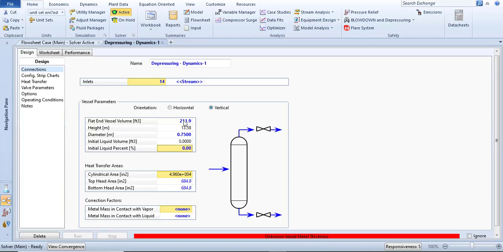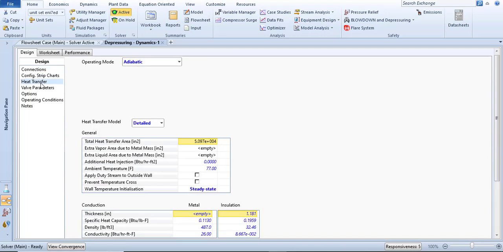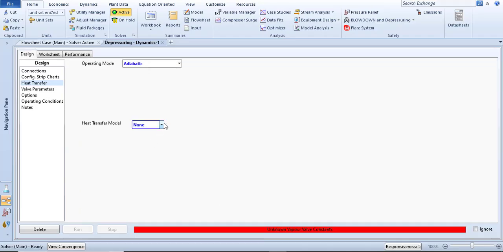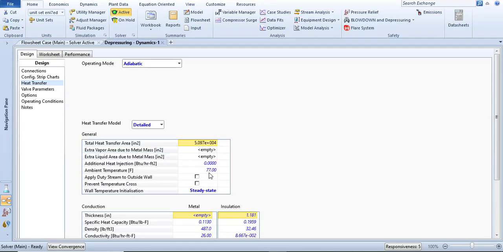The main important thing is the heat transfer. If you go to heat transfer, we first have to select adiabatic. And second, we have to select the detail. We have three options: none, simple, and detail. In none, you have nothing. In simple, you have the ambient temperature input only, and detail is where you put in the thickness of the metal.